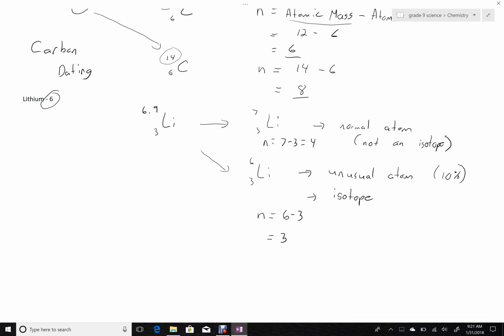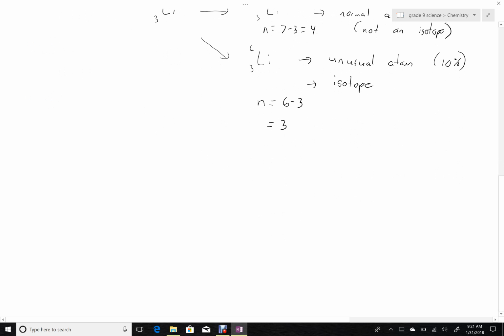If I wanted to make the Bohr-Rutherford diagram, just quickly here for lithium-6, then to indicate that isotope, all I would do is have that unusual number of neutrons listed in the nucleus. So here I have 3 protons, my atomic number, 6 minus 3, 3 neutrons.